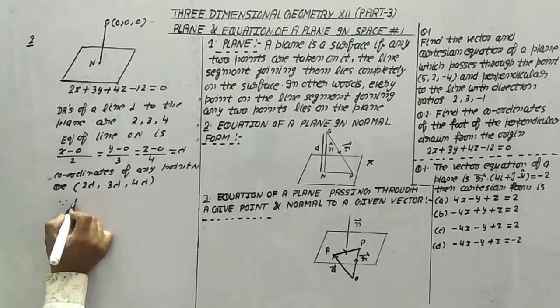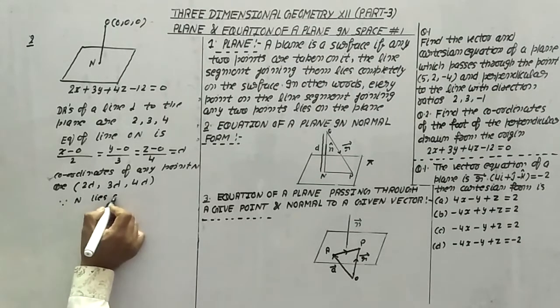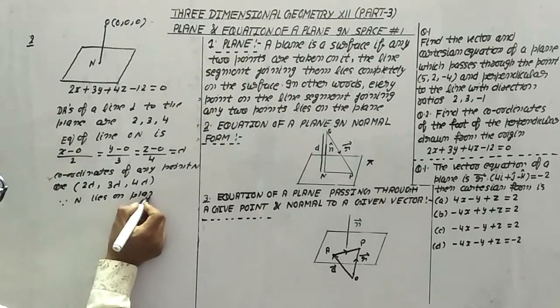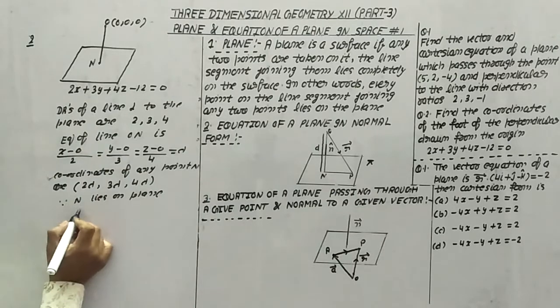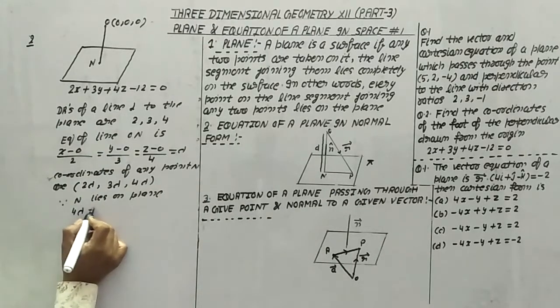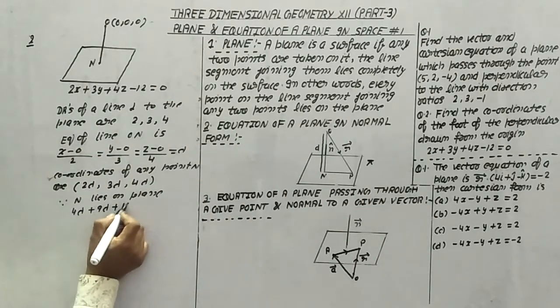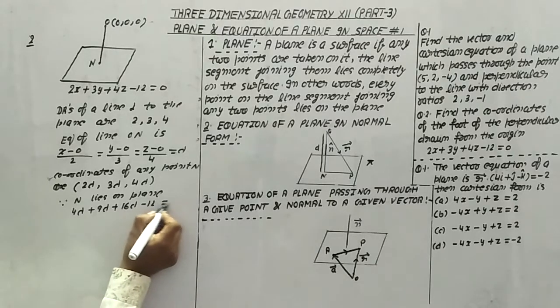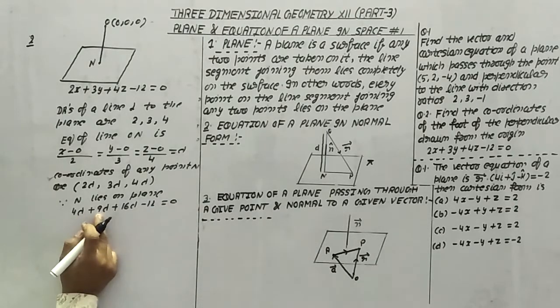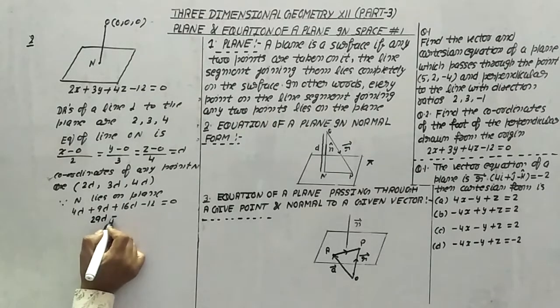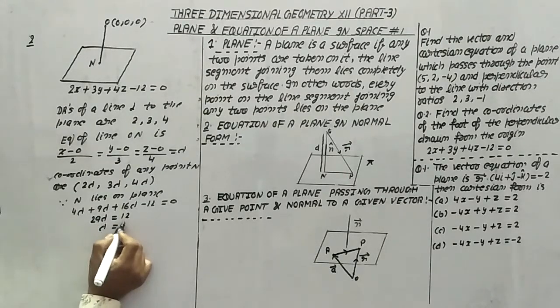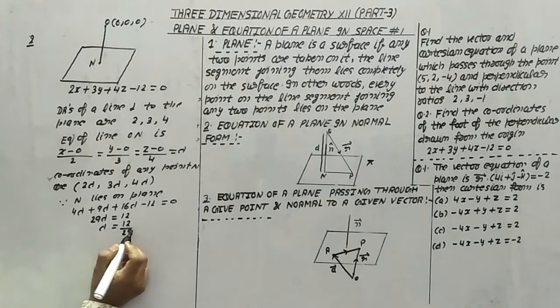Now N lies on the plane, so substitute the values here. It means 4 lambda plus 9 lambda plus 16 lambda minus 12 is equal to 0. It means 29 lambda is equal to 12. It means lambda is equal to 12 upon 29.